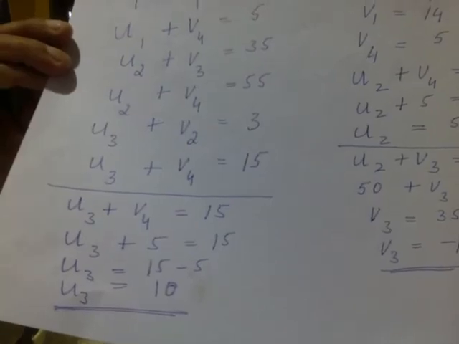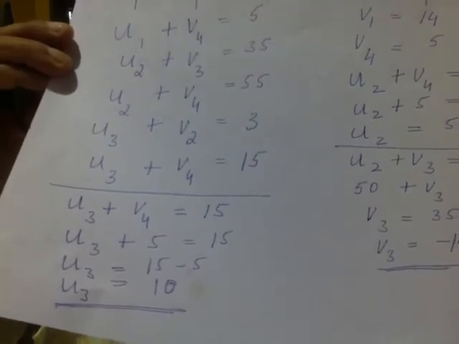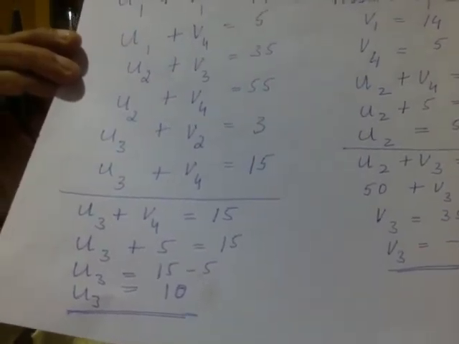The last thing remaining is the fifth equation, U3 plus V2. Now that we know U3, we can find V2. So do the last equation, U3 plus V2 is equal to 3. We have U3 is equal to 10. 10 plus V2 is equal to 3.